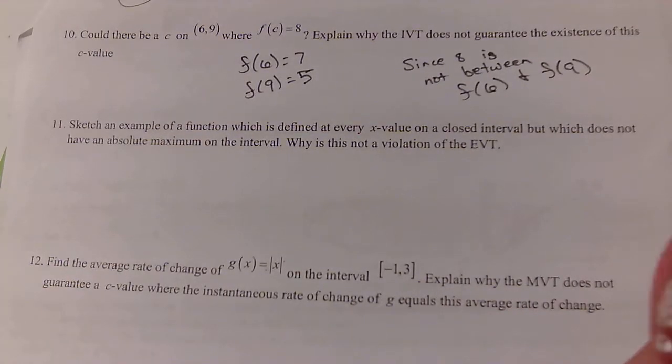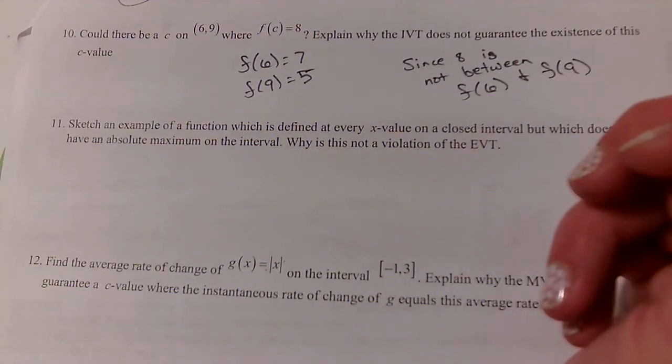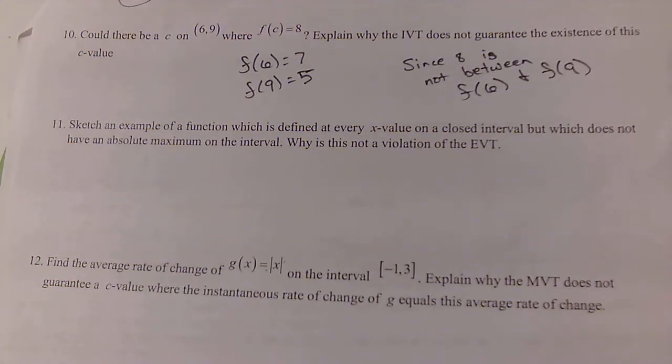Sketch an example of a function which is defined at every value x on a closed interval, but which does not have an absolute maximum. Now notice it says it's defined at every value x. Does it say it's continuous?